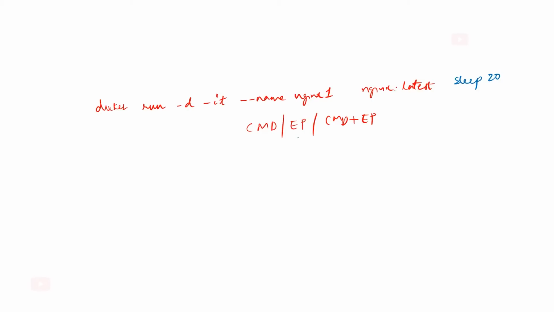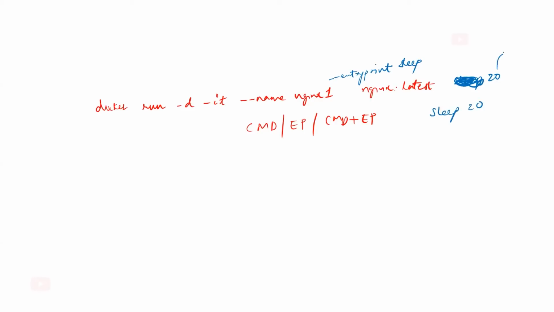And in case you also have entry point and you wish to replace the entry point, it should be in the form of a flag. Like you should use --entrypoint and then a space followed by any entry point that you can give. Okay, so if I use entry point as sleep and just CMD as 20 like this, the final command will be sleep 20.